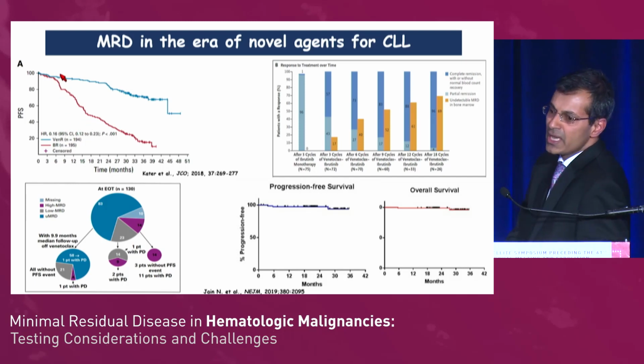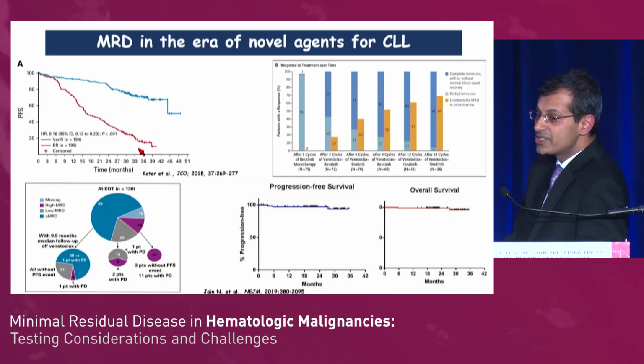And you can see venetoclax, rituximab 6 cycles followed by another 18 months of venetoclax alone resulted in deep remissions, and in fact, 83 of 130 patients here had achieved MRD negative status, and following close to 10 months of median follow-up, only 2 of those patients relapsed.